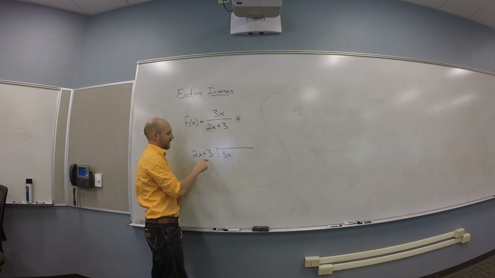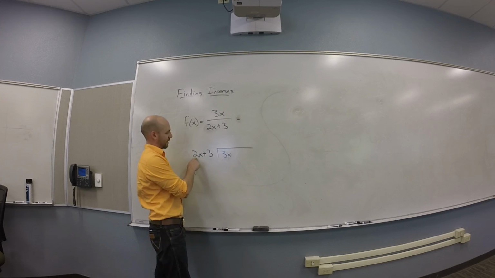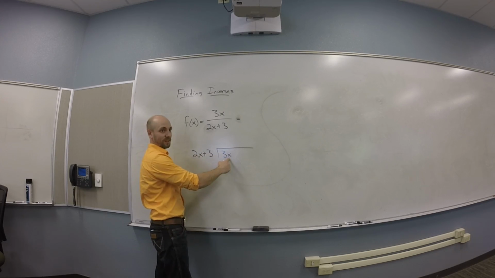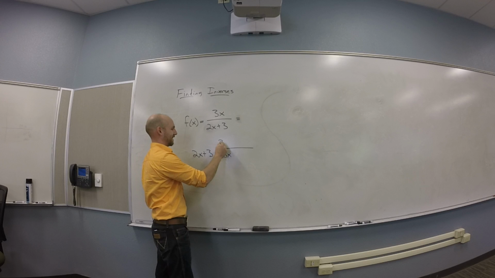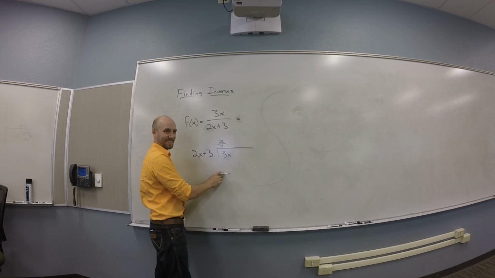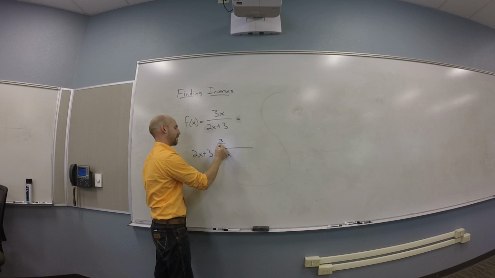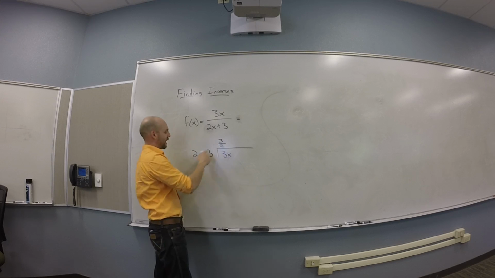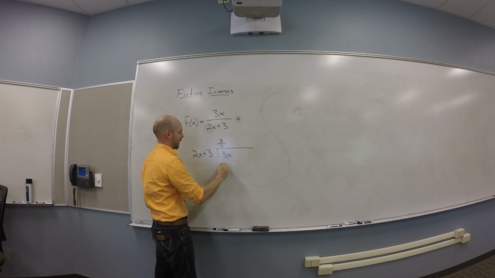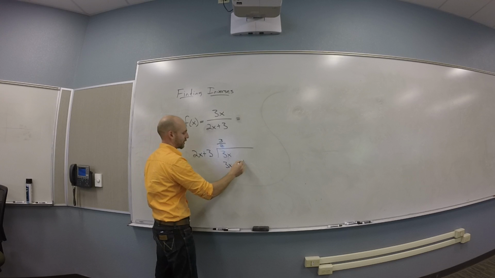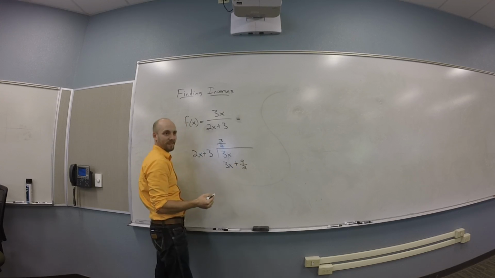So if I try dividing this in there, let's see, 2x goes into 3x 2/3 of a time, inconvenient. You guys see that? If I multiply not 2/3, 3/2 of a time, if I multiply 3/2 by 2x plus 3, I get 3x plus 9/2.